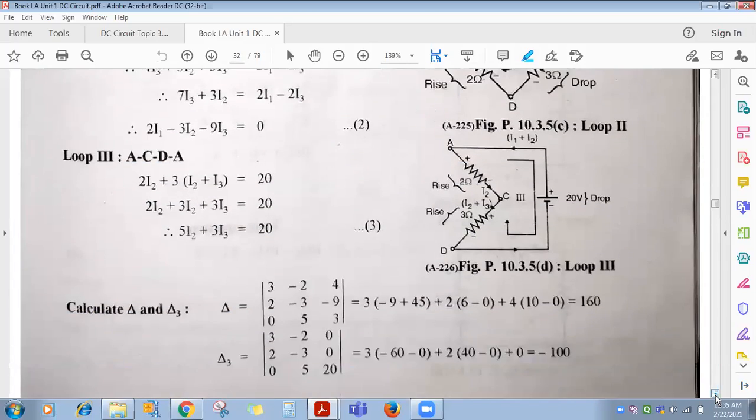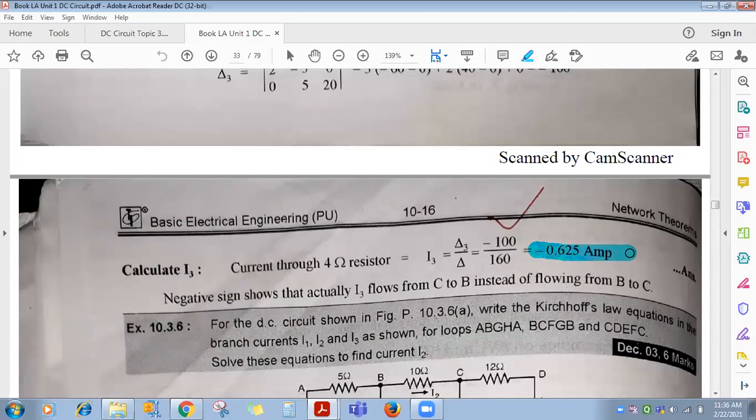Even if you write just minus 0.625 ampere, you will get full marks. If they specifically ask for the current direction, then mention that as I am getting a negative answer, the value of I3 is negative, so current will flow from C to B instead of B to C. That's it. If they don't ask for current direction, no need to mention anything, though if you want, you can.